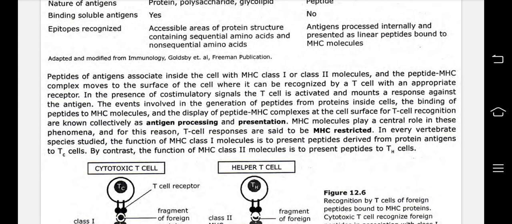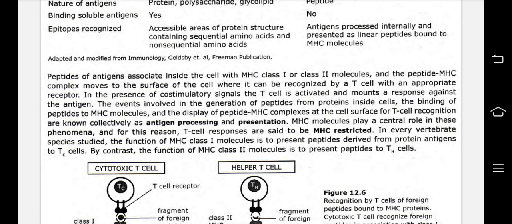Events involved in the generation of peptides from proteins inside cells, the binding of peptides to MHC molecules, and the display of peptide-MHC complexes at the cell surface for T cell recognition are known collectively as antigen processing and presentation. MHC molecules play a central role in these phenomena, and for this reason T cell responses are said to be MHC restricted.